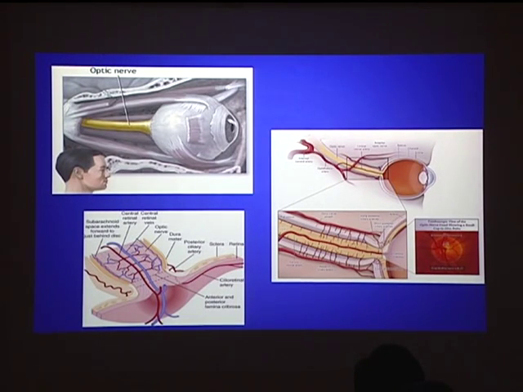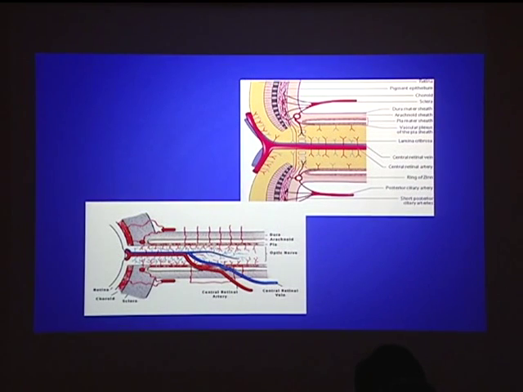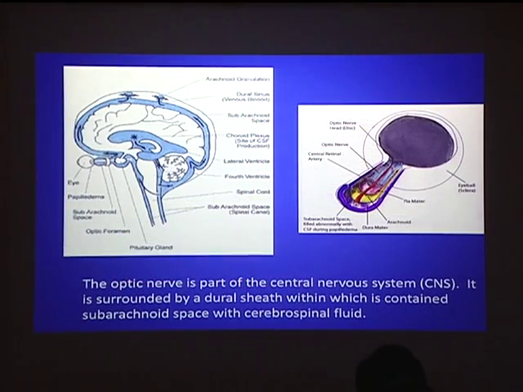Then you will have the subarachnoid space, then the dura mater, and then finally the true optic nerve sheath. So there are different layers that are surrounding the optic nerve, and there are layers between the nerve itself and the optic nerve sheath. Here you see some more detail.